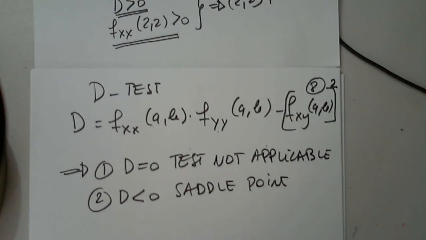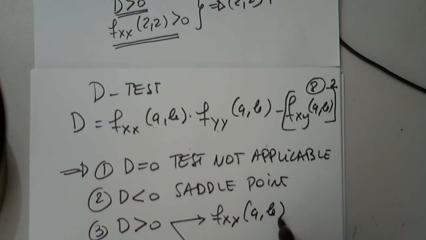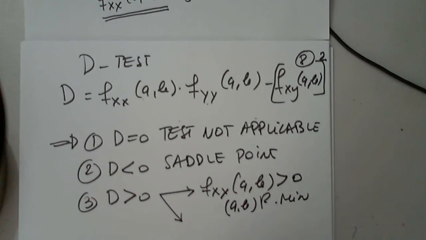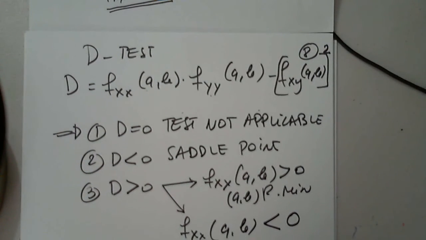Not a max, not a min. Number 3, only when D is positive, there are 2 possibilities. fxx at (a, b) positive, relative min. If fxx at (a, b) is less than 0, (a, b) is a relative max. And this is the D test, and there is nothing else.